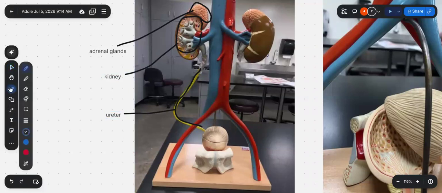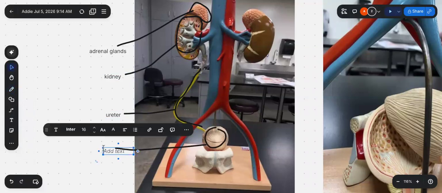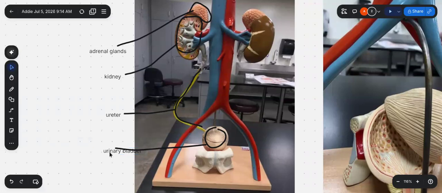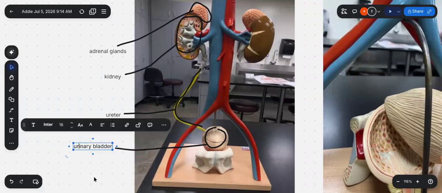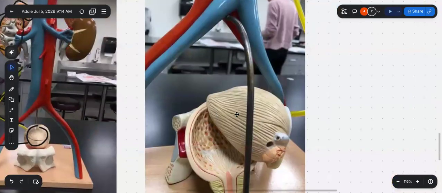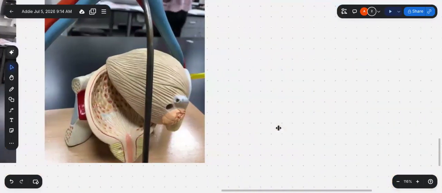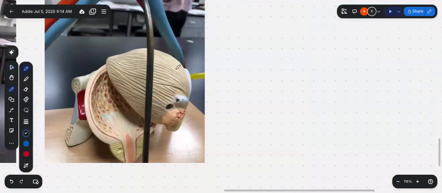The ureters are then leading to your urinary bladder, which is this structure over here. The urinary bladder in this picture is a posterior view, meaning a backside view, but the picture right next to it over here is a front side view of the urinary bladder.